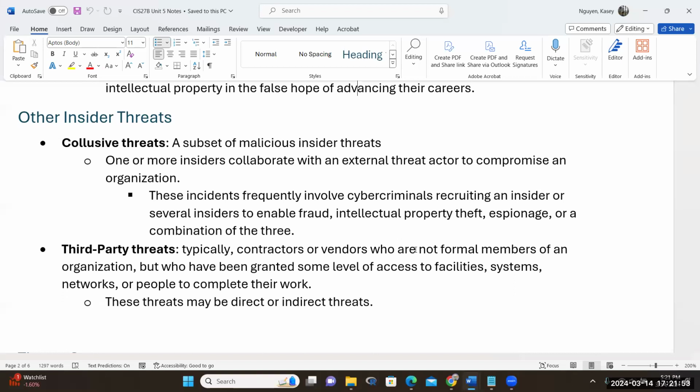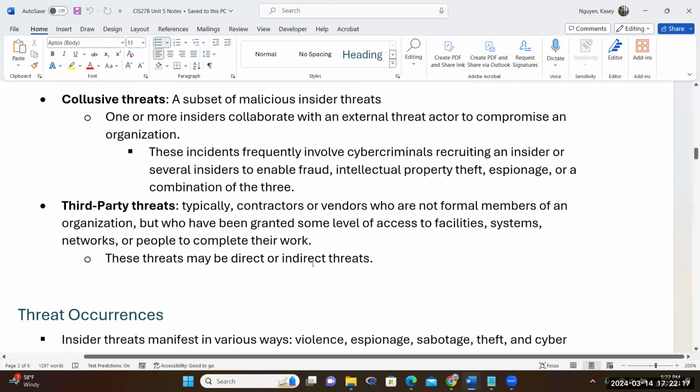So collusive just means that you have a subset, a group, more than one individual. And then third-party threats are your vendors, partners, people who are involved with your organization through contracts or agreements. It might be direct or indirect. Sometimes they are working directly and impacting directly, and sometimes not. Okay.